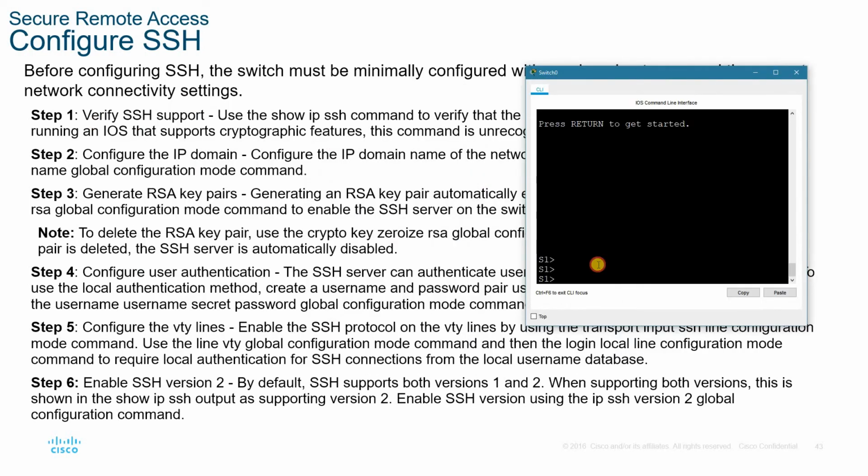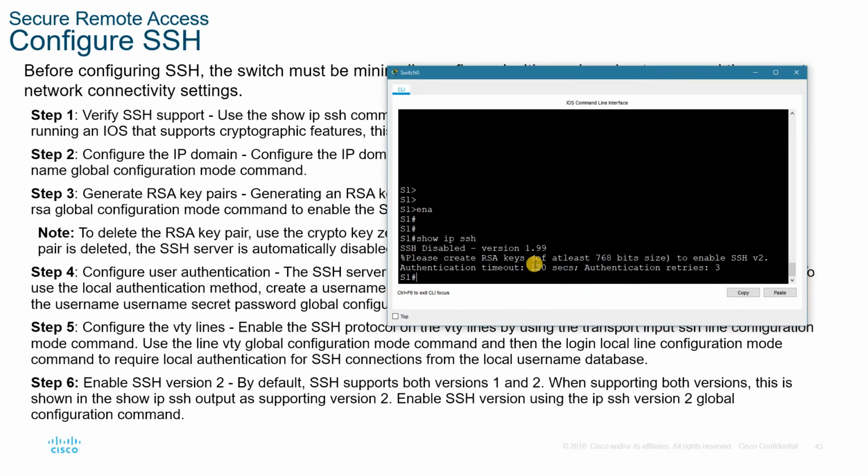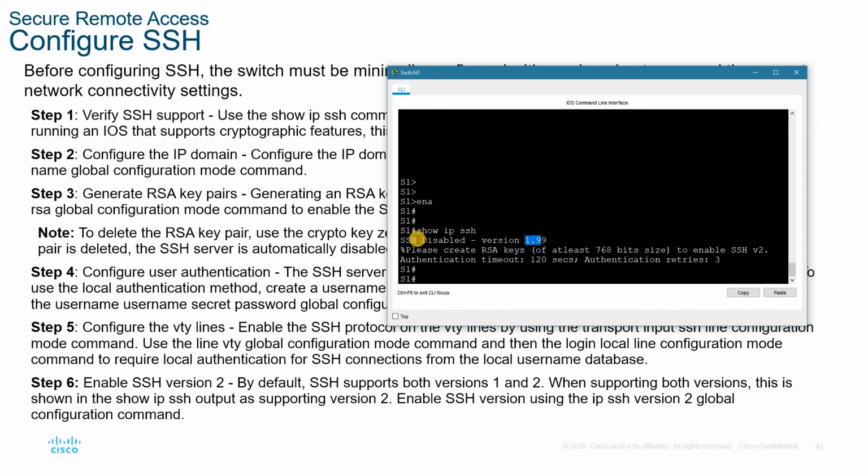Okay, so sa switch, gagawin lang natin, go to user mode, privilege mode, and then type in show IP SSH. Alright. So, nilitaw naman dyan kung anong version ng SSH ang nag-run sa kanya. So ibig sabihin, it means that it is gagana, no? It supports SSH version 1.99. But for now, it is initially disabled.